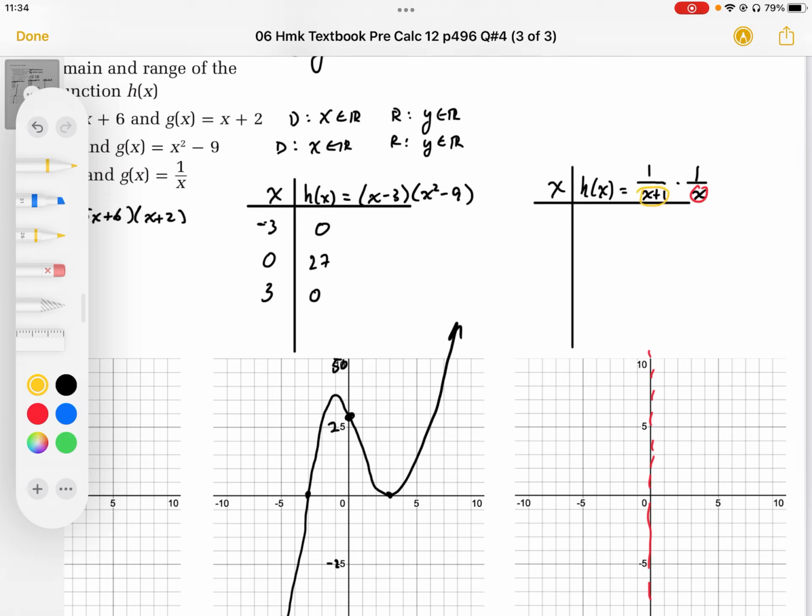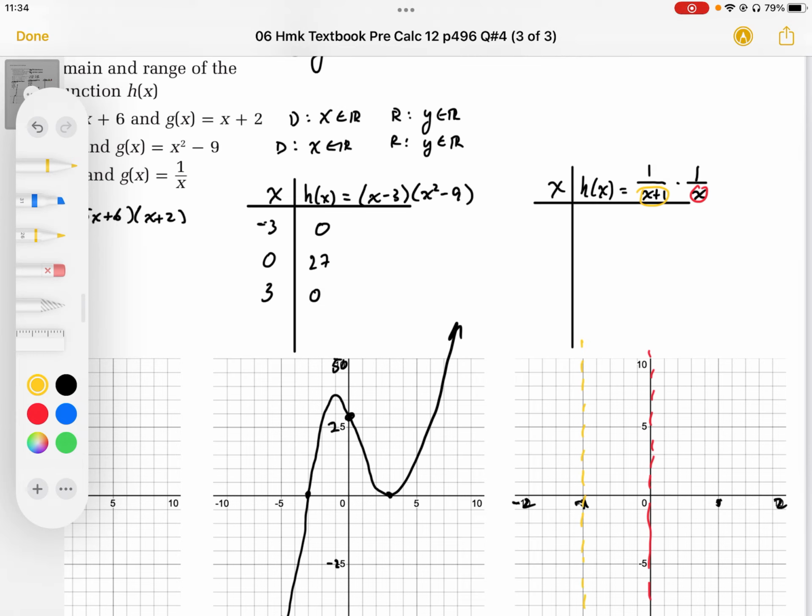Maybe I'm going to scale this axis here. So let's make that -1 here, +1 to -2. So we're going to have our vertical asymptote at -1 through here like this.